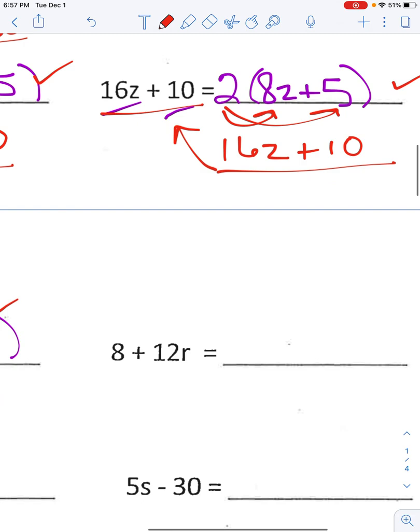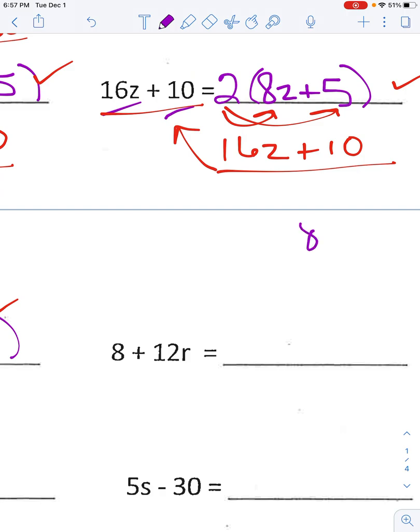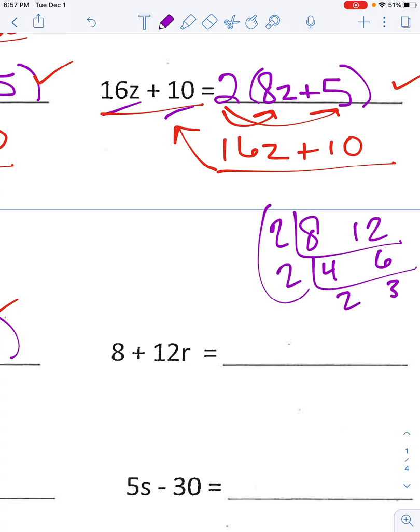This matches this, so I know I've factored correctly. Okay. And then 8 plus 12r. Think of the greatest common factor for both 8 and 12. If you're not sure, do a division ladder. 2 goes into both these numbers. 2 goes into both of them again. Greatest common factor is 4.